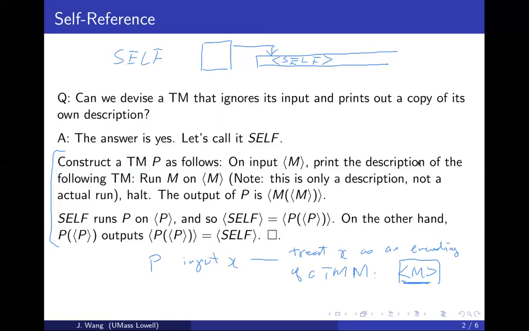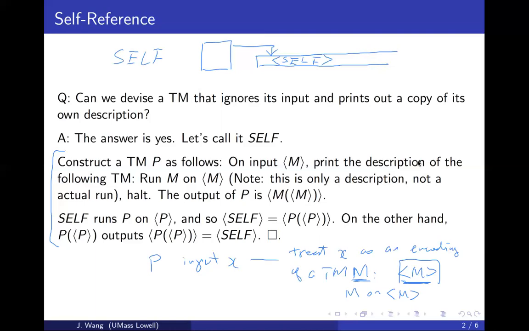What it really says is that this Turing machine runs M on the description of itself.